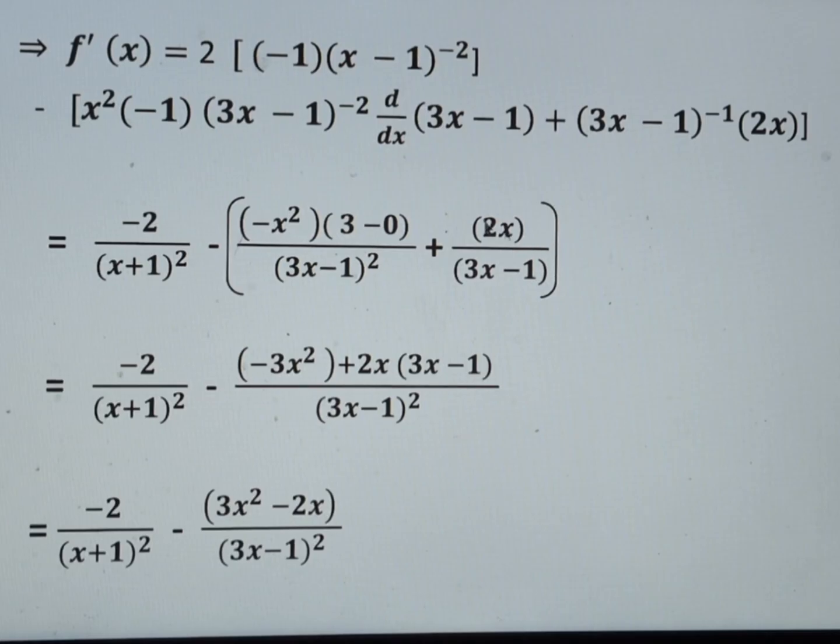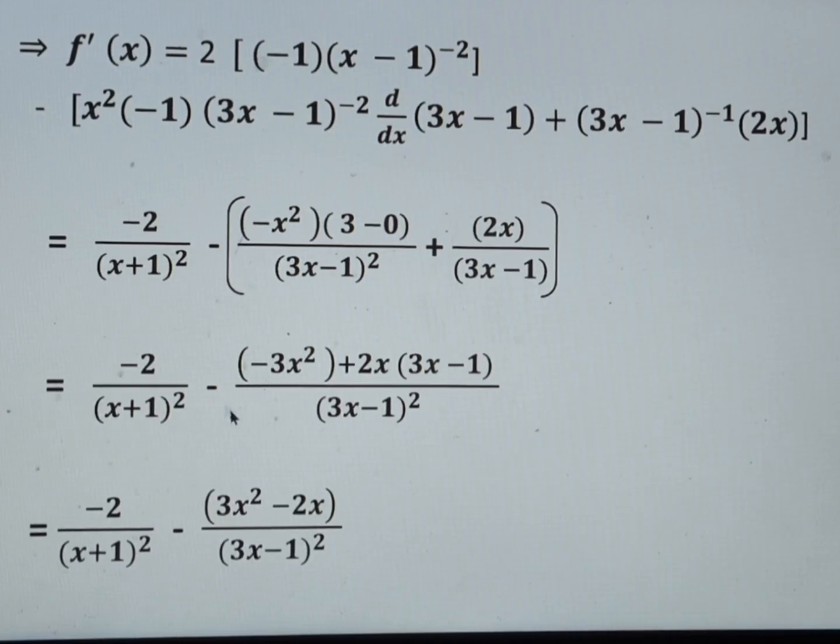Now solve it. We get minus 2 over (x plus 1) square minus x square into 3 minus 0 over (3x minus 1) square plus 2x over (3x minus 1). Now taking out LCM and solving it, we get minus 2 over (x plus 1) square minus (minus 3x square plus 2x (3x minus 1)) over (3x minus 1) square.